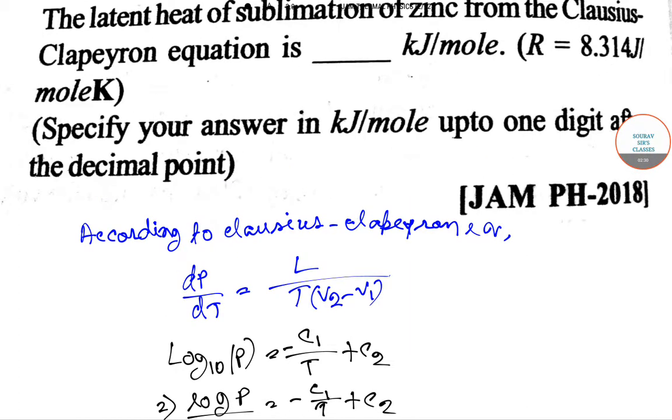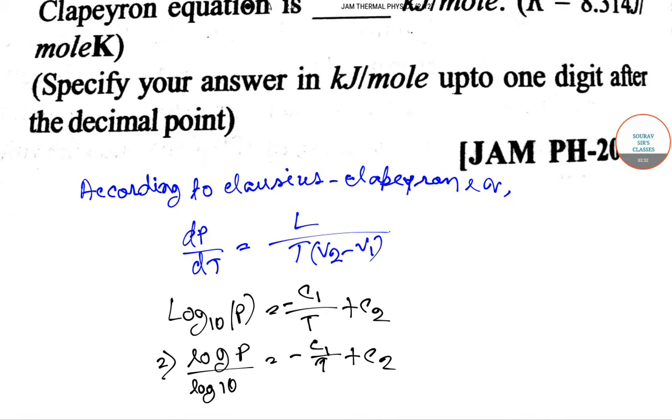In this question, log 10 P is given as C1 by T plus C2, but this is with a negative sign. In this question, this is incorrect.